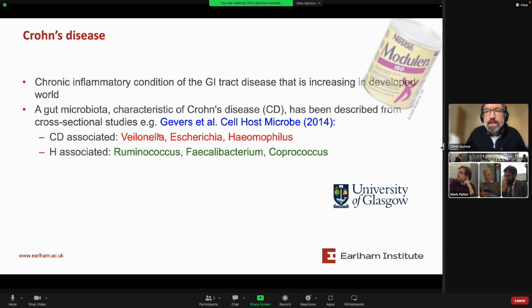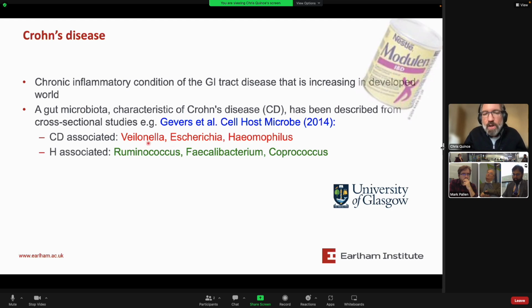Now, there have been lots of cross-sectional studies of Crohn's disease. Here, people took lots of samples from healthy control individuals and people with Crohn's. They do 16S sequencing, and you can find organisms that are associated with Crohn's and organisms that are associated with the healthy controls.